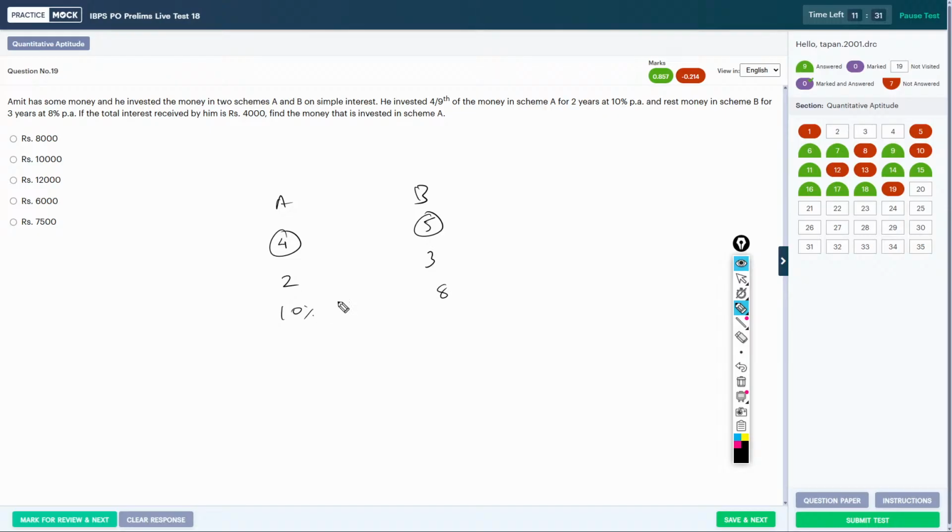Total interest received... So from here 2080, from here 24, 120. So total 2,200 is 4. So 24% of 5, 120.